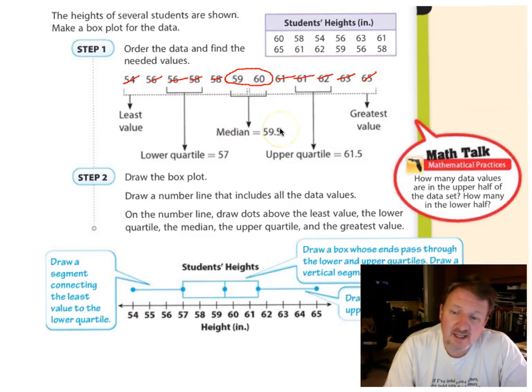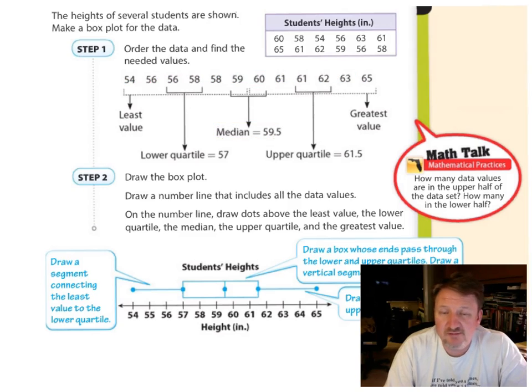In the last video, when we were eliminating to find the median, there was only 1 number in the middle. Well, here we have 2, and that's going to happen. Both 59 and 60 cannot be the median. You have to find the average of these 2 numbers in order to come up with a median. So we take 59, add it to 60, divide by 2, and the median becomes 59.5. That is the median of that data set.